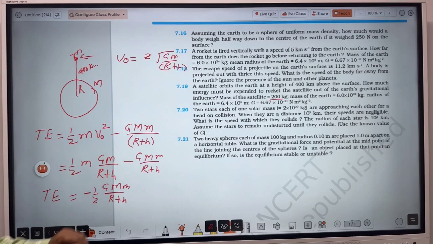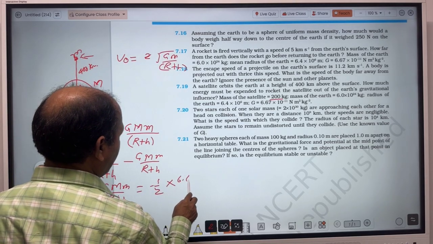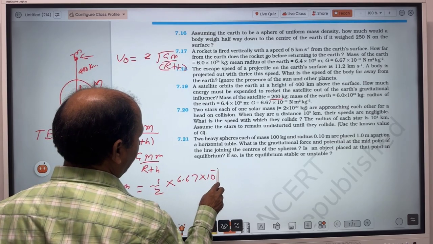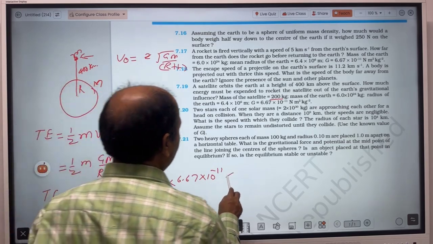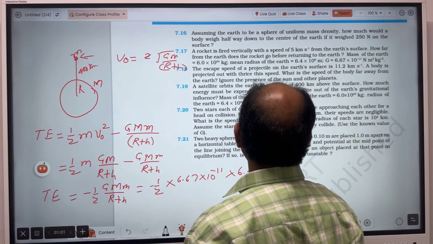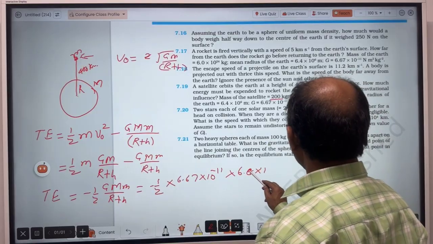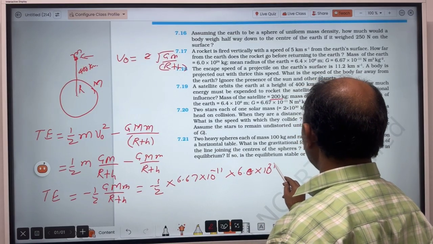Now put the values. Information is given. So minus 1 by 2 into 6.67 into 10 to the power minus 11, into mass of Earth, which is given as 6.0 into 10 to the power 24.